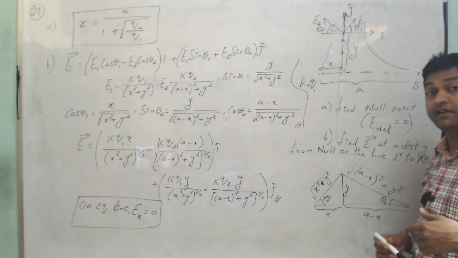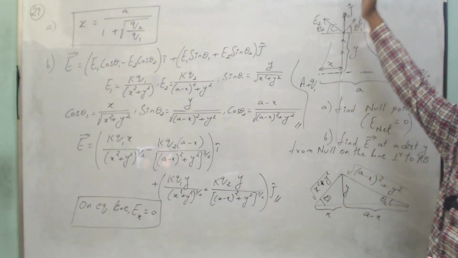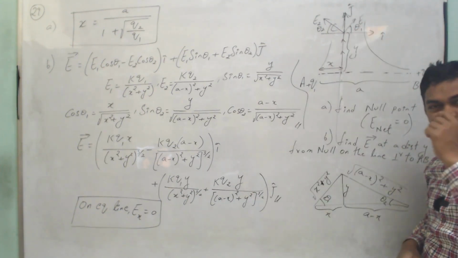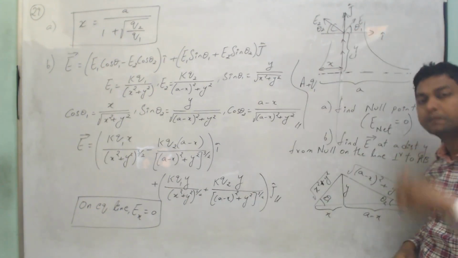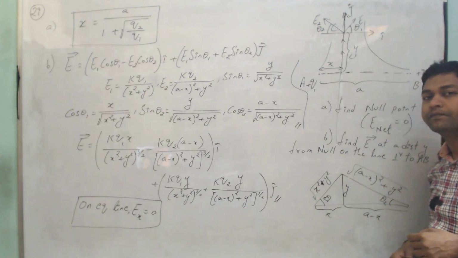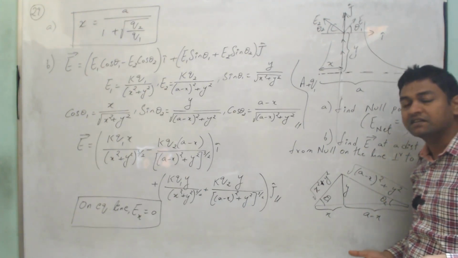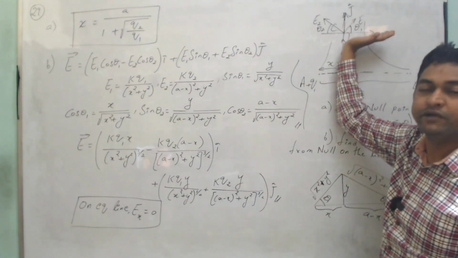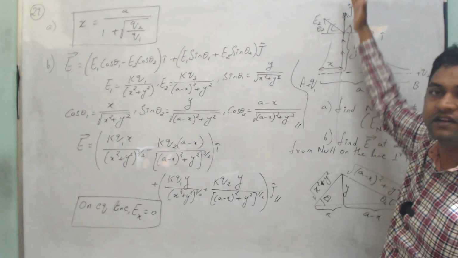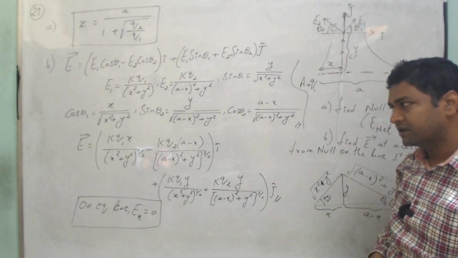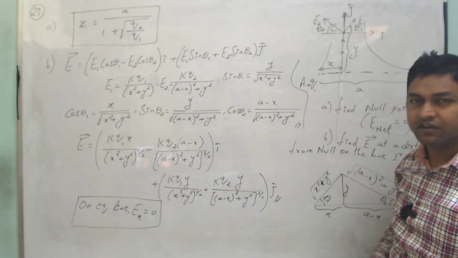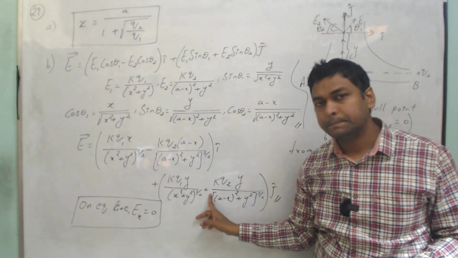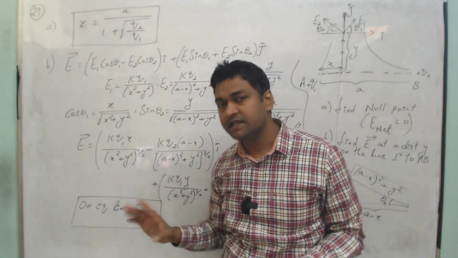That means in the x direction it should be 0. The entire electric field will be in the y direction. And Ey cannot be 0 because there is a positive sign here. The only possibility is Ex can be 0.